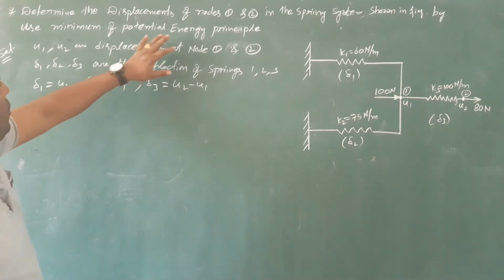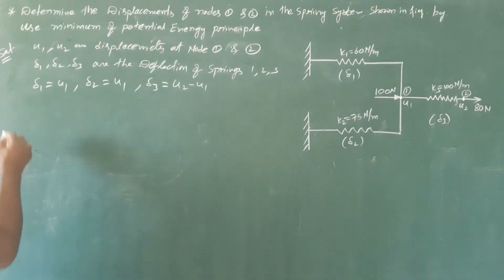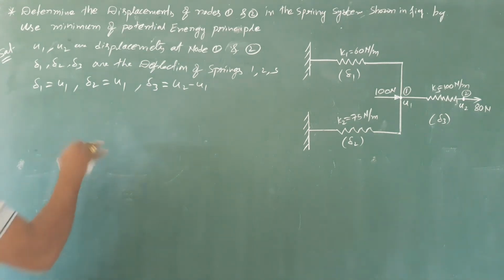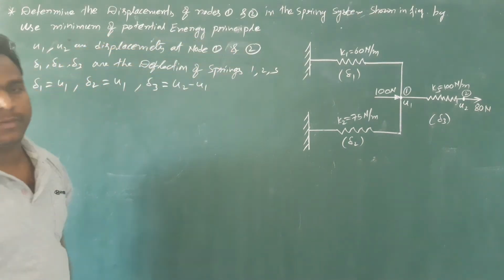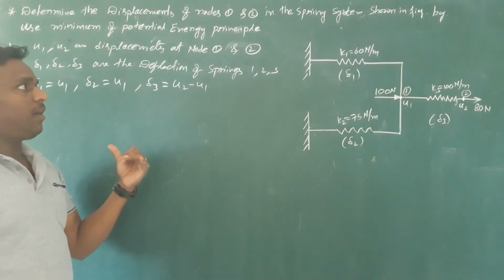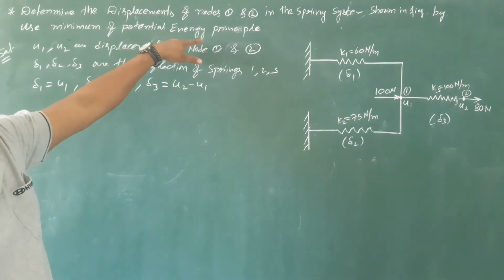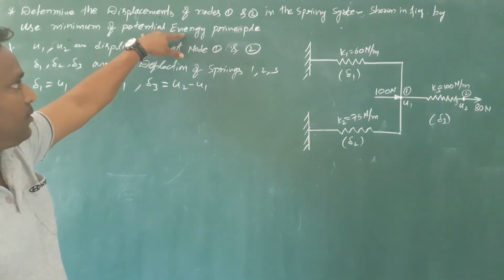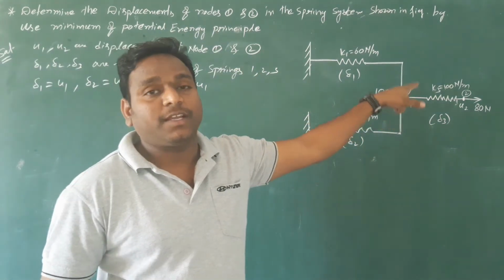Now we know the potential energy principle. I have given total information regarding this potential energy principle in the previous video. These principles, the minimum potential energy method and the direct approach method, are used for calculating deflection in spring elements.